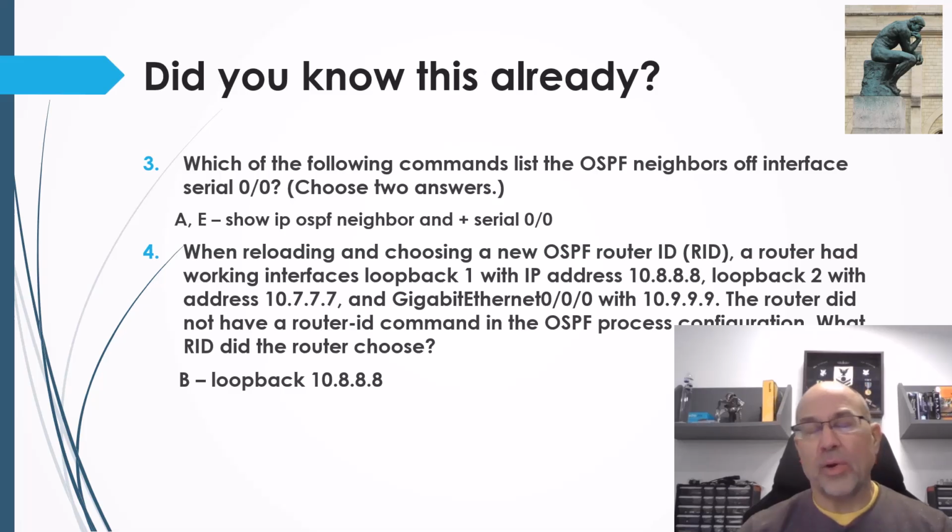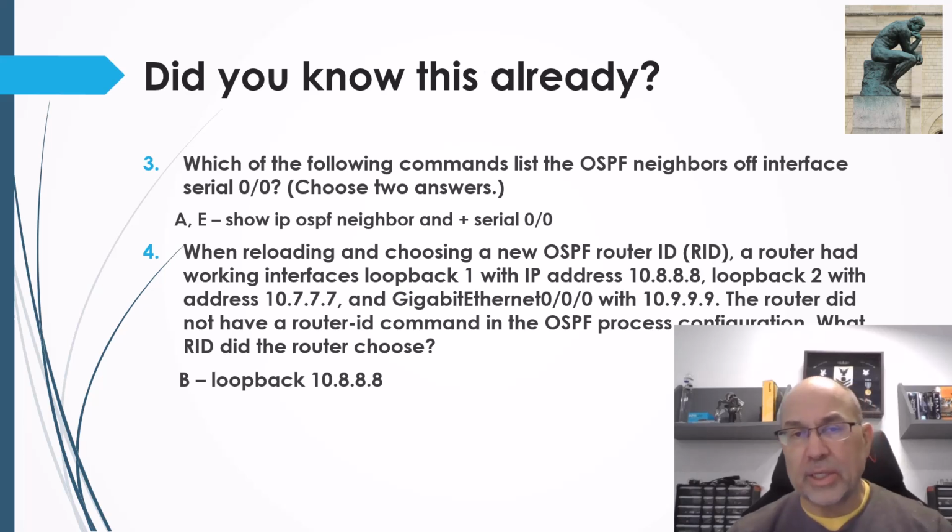Now, when you reload, and this was the router ID question, you had to know how you choose a router ID. The question says that there are a couple of interfaces that are active, and some of them are loopbacks.